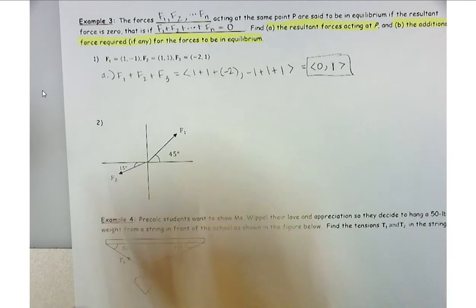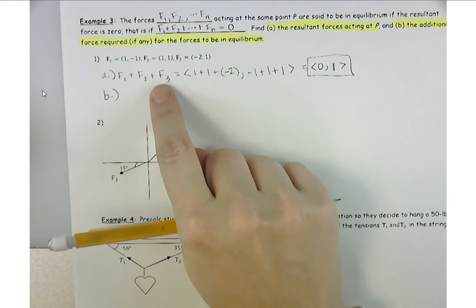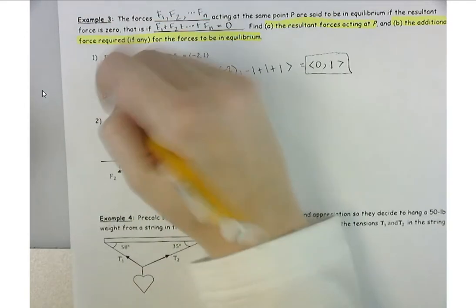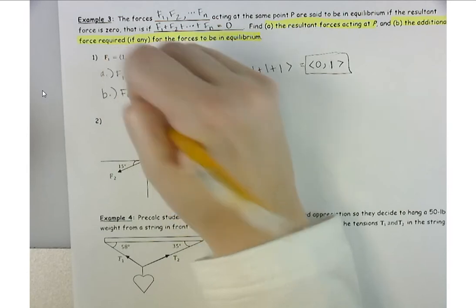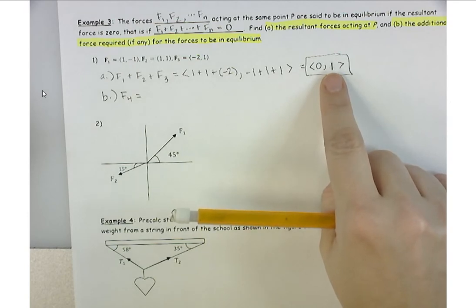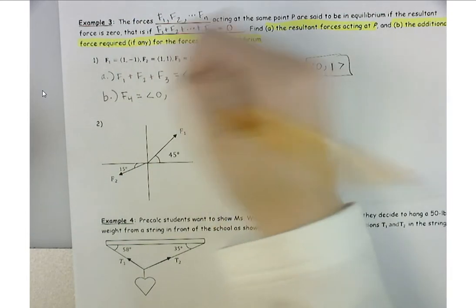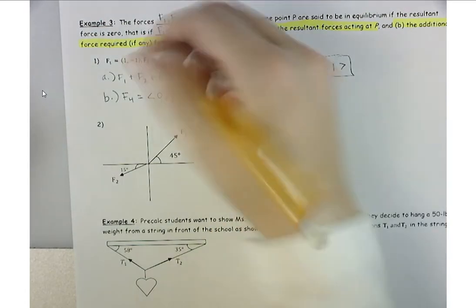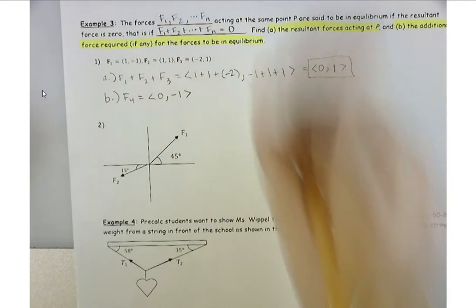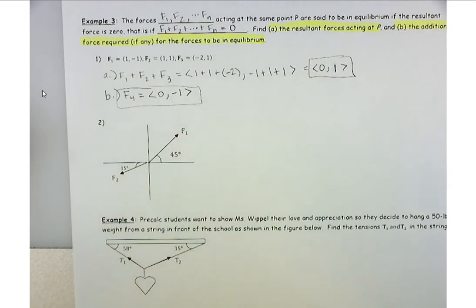For B, you have to find the additional force needed for them to be in equilibrium. So we have how many forces in part A? 3. So we need a fourth one to balance this because it's not 0, 0. So basically what you want to do is the opposite because that's what's going to add to make 0. Okay, so the opposite of 0 would just be 0, and then the opposite of 1 would be negative 1. So if you added those two vectors together, you would get 0, 0, which would be equilibrium.